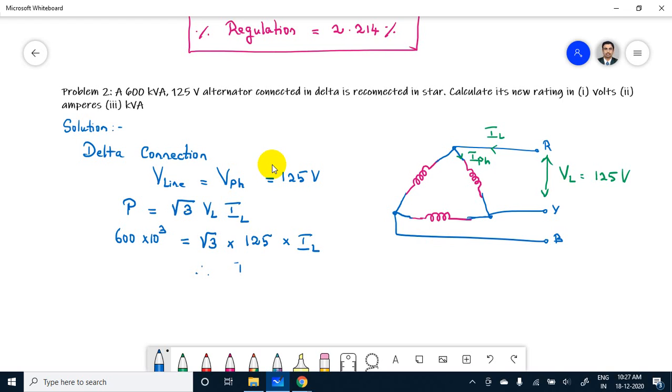Therefore, what is IL? Can anyone tell me the IL? So 2771.2813 ampere. This is IL.